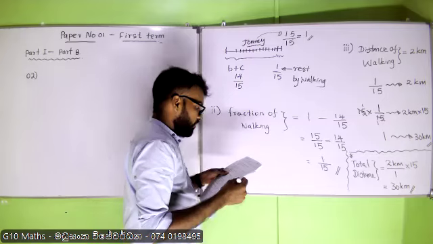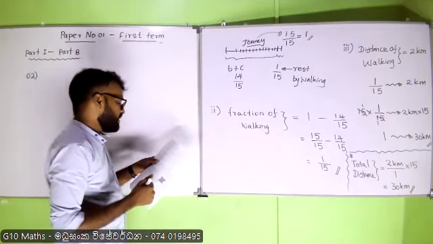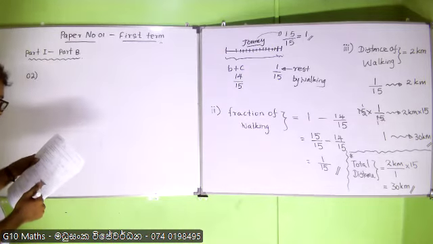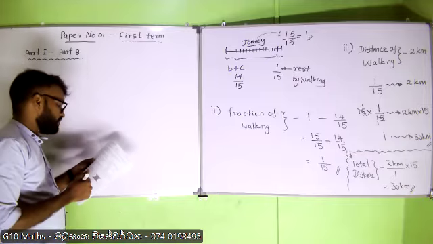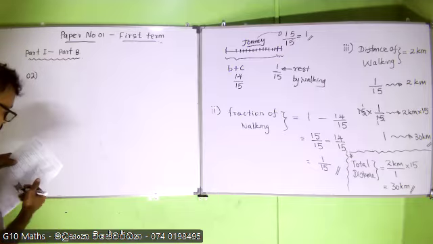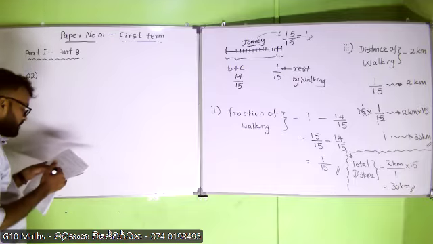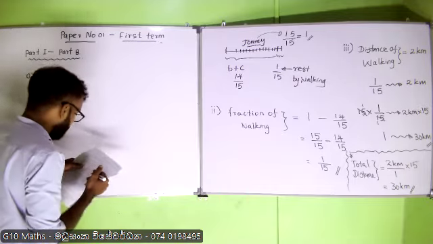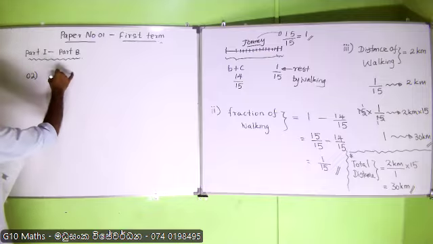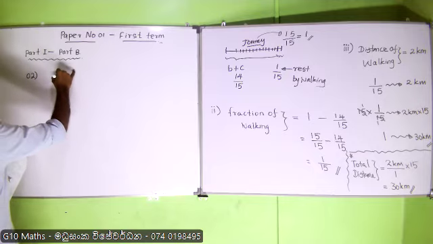Figure shows a plan of a flower bed. ABCD is of rectangular shape and BC is the diameter of the semicircular part. Alright, BC is the diameter of the semicircular part. You need to remember that. Right. So the figure is something like this.